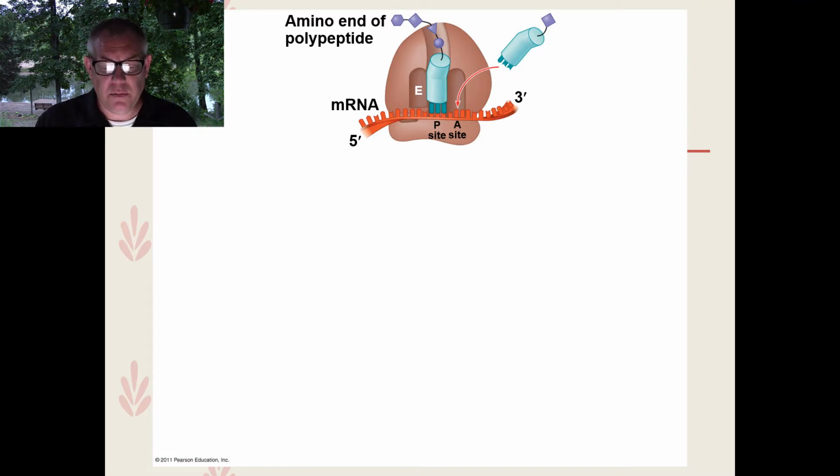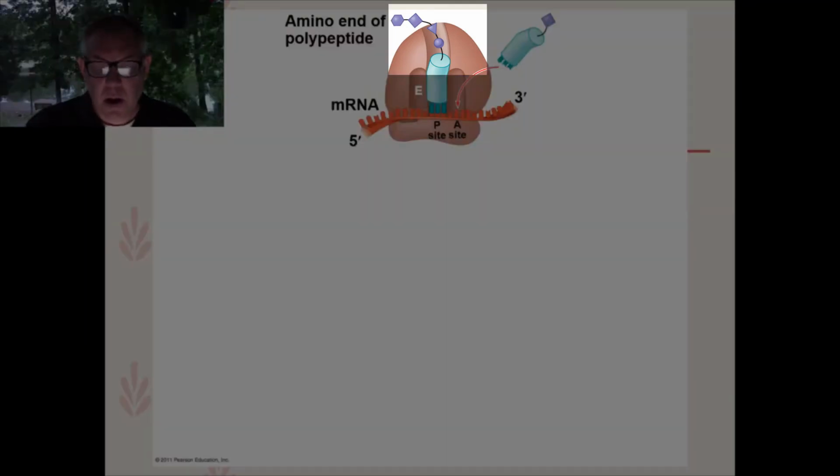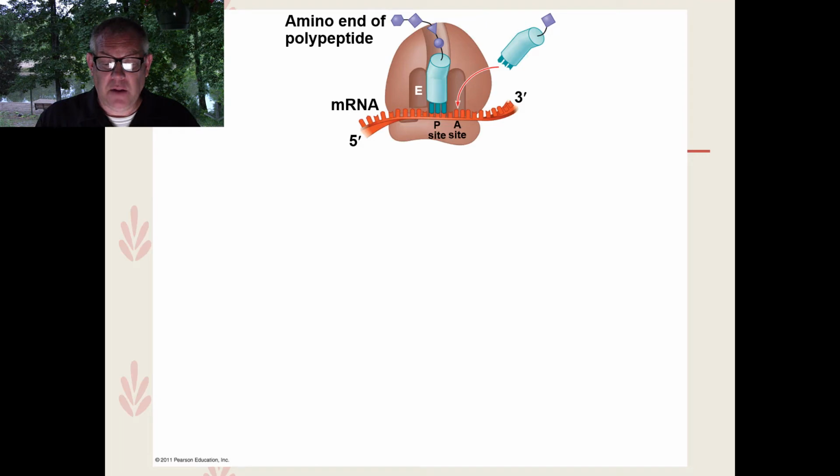Here you can see the ribosome is holding on to a tRNA in the P site, and that's where the growing polypeptide is. You see that polypeptide growing off the top of it? So the A site, the active site, is where the new tRNA comes in. And so, only the tRNA with the proper anticodon can come into this active site.